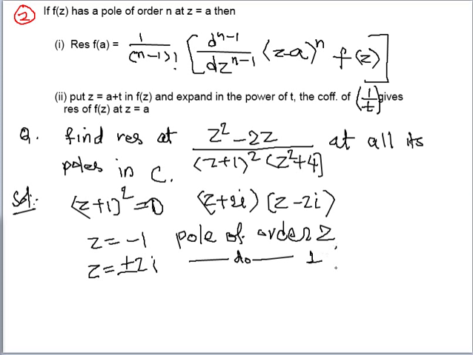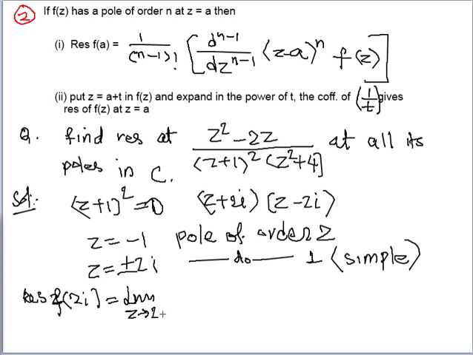So now we have both types of pole. Two poles are simple, and one is of order 2, more than 1. For calculating the residue at z equal to plus minus 2 iota, first take the residue at z equal to 2 iota. We calculate the residue of f at 2 iota as the limit as z tends to 2 iota of (z minus 2 iota) f(z).